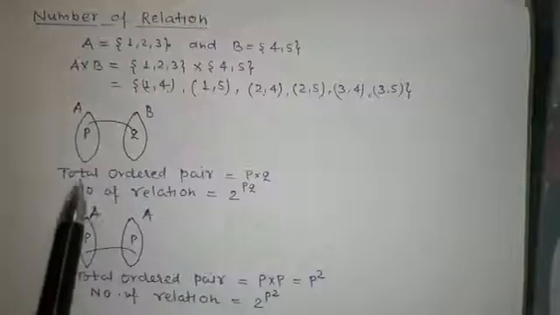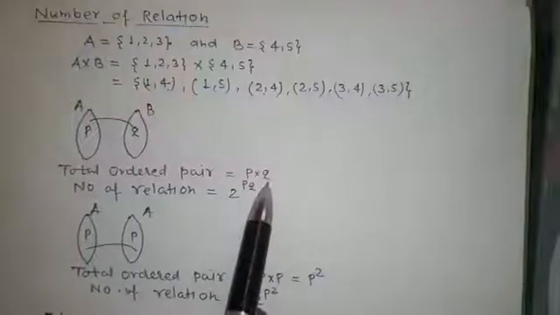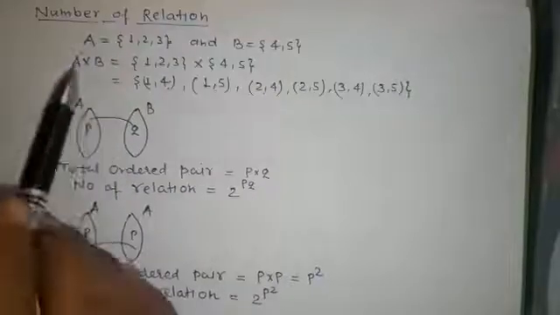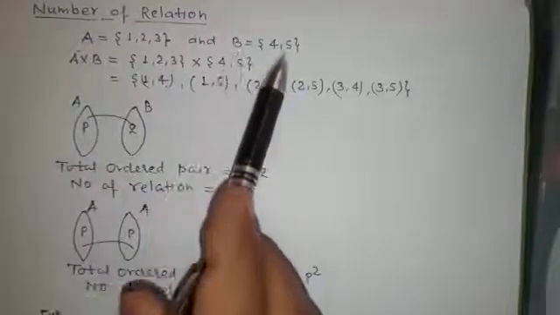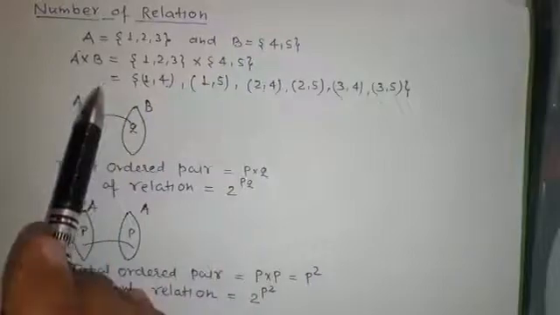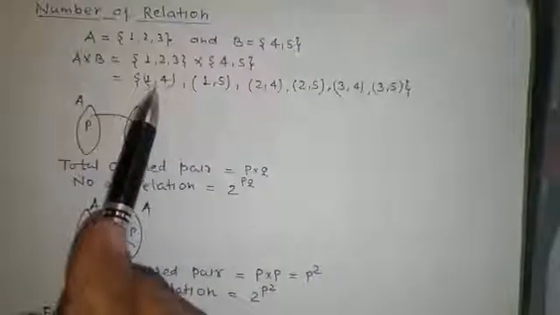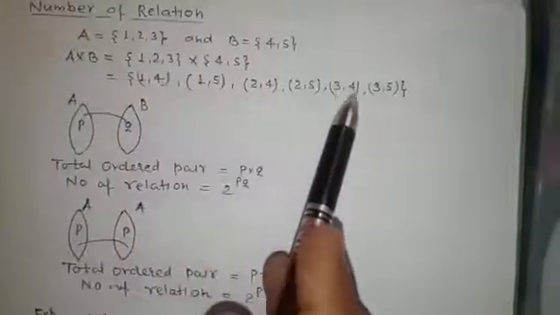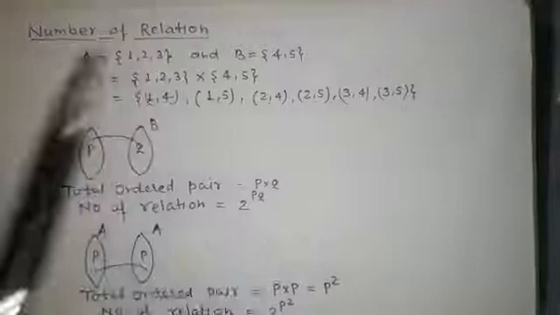Then total ordered pairs is equal to P into Q, because here set A has 3 elements and set B has 2 elements. So the total number of ordered pairs in A cross B is 6, the multiplication of 3 and 2.